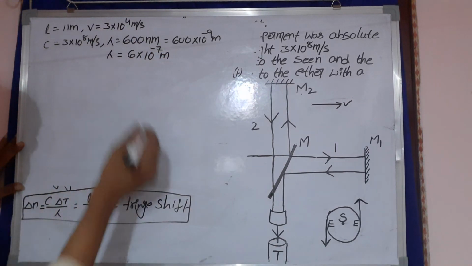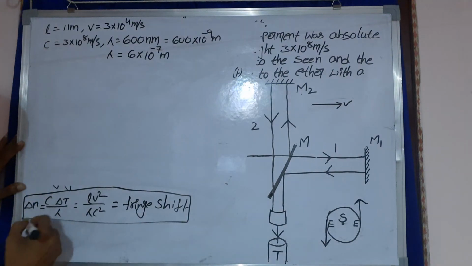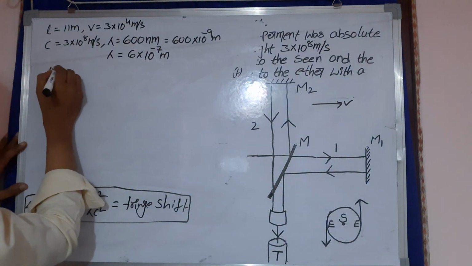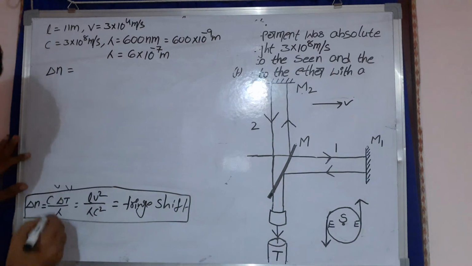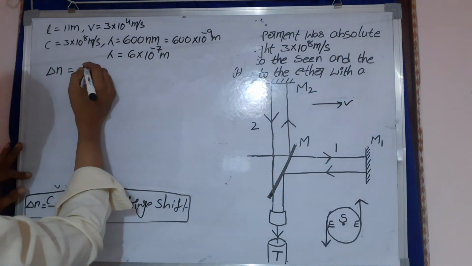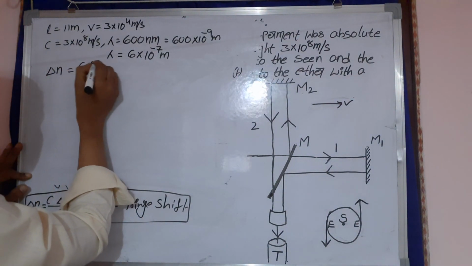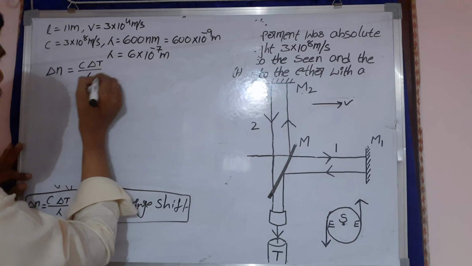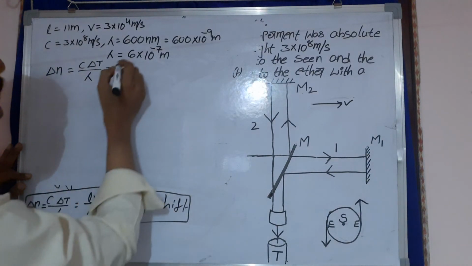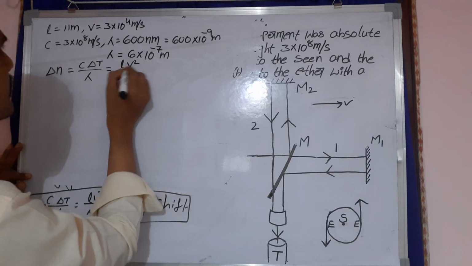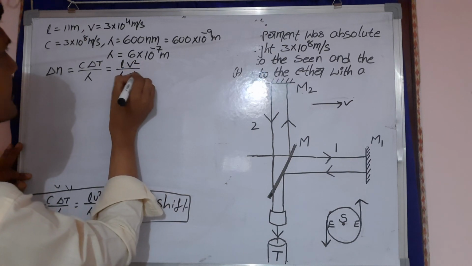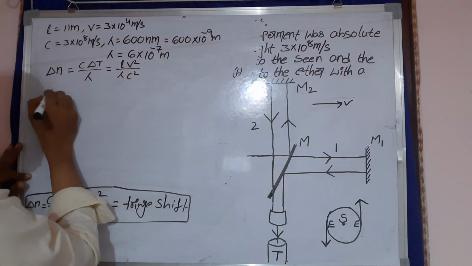So these values are substituted in fringe shift. So fringe shift delta n equal to c delta t by lambda, that equal L v square by lambda c square, substituting in this value.